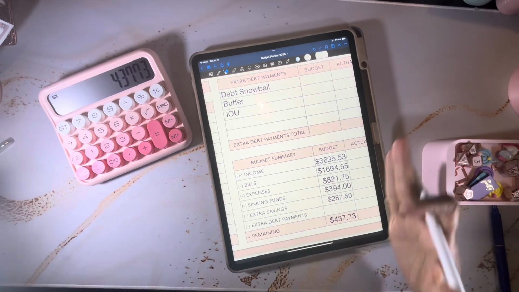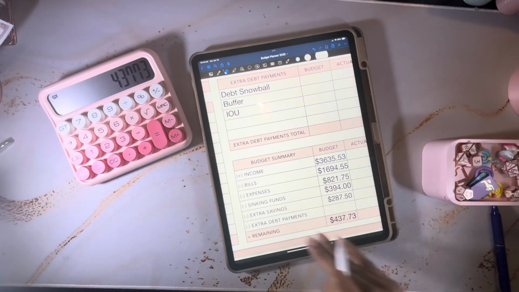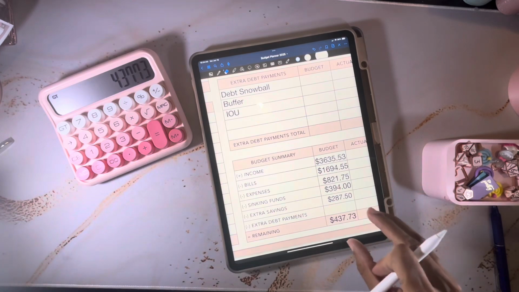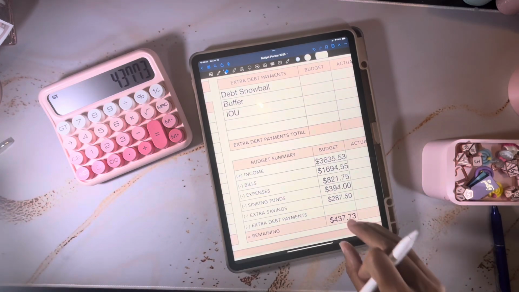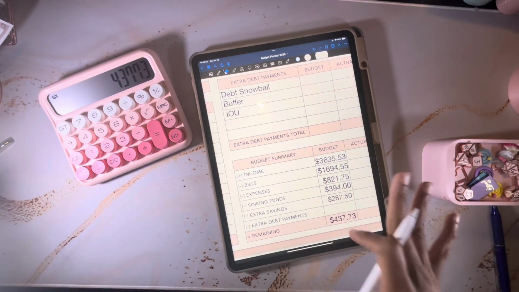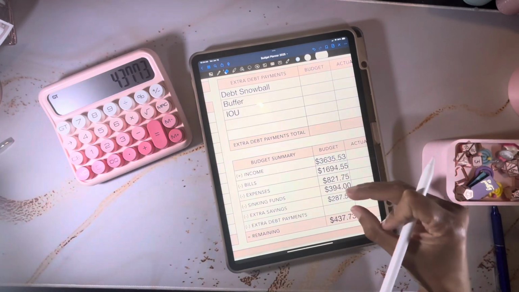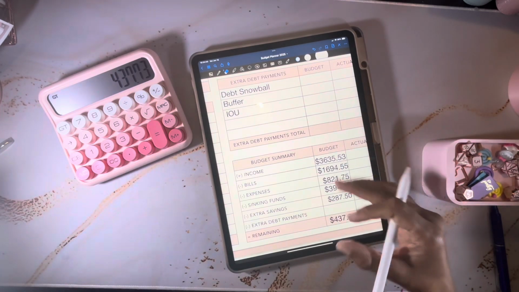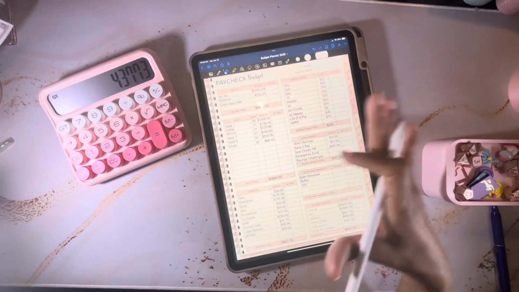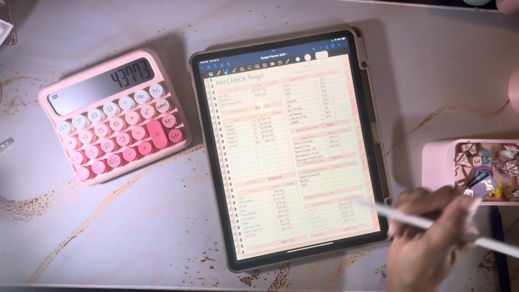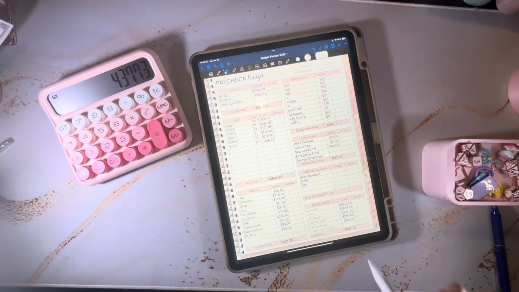This is the reason why I may have extra money if I don't actually have to use this. But we will see. So my budget is not necessarily zeroed out, because I don't know what I'm going to do with this money yet.